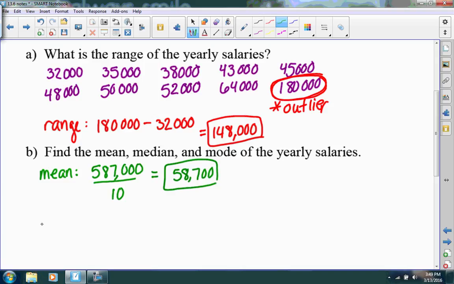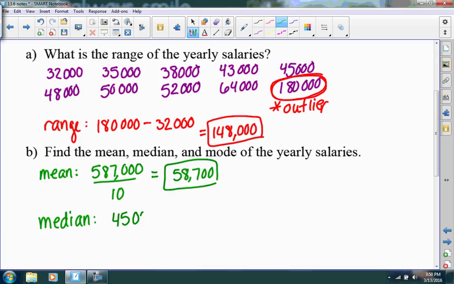And then the median, that's going to be the number that's in the middle. Now again, we have an even number of numbers. So when you have an odd number, that's nice because it is just the one number that's in the middle. That's your median. But here we have an even number. So I'm going to have to use the 45,000 and the 48,000 as my two middle numbers.